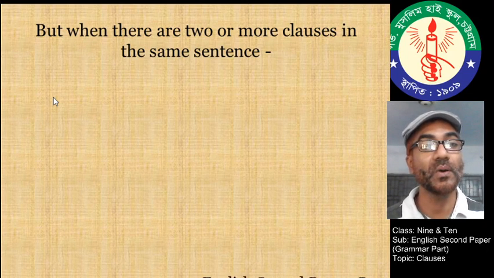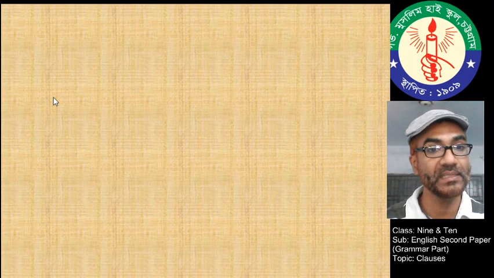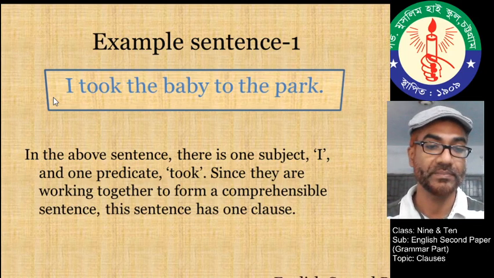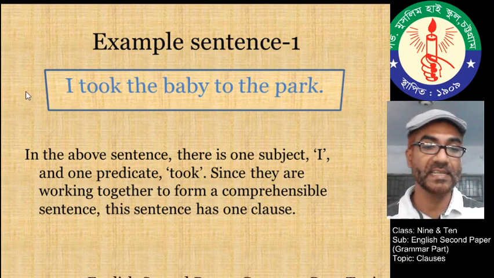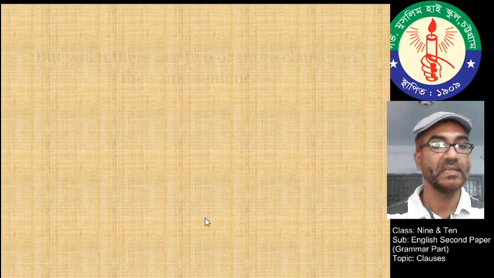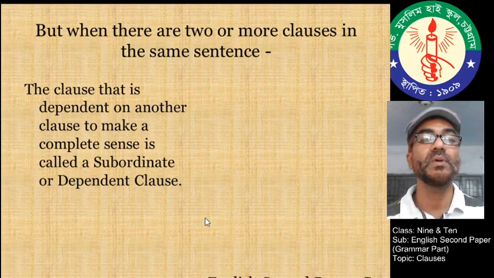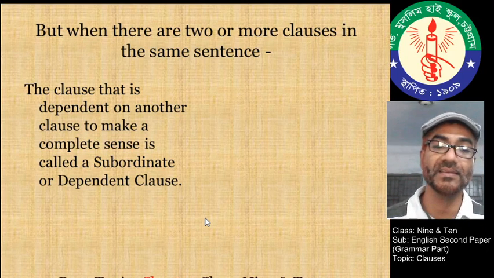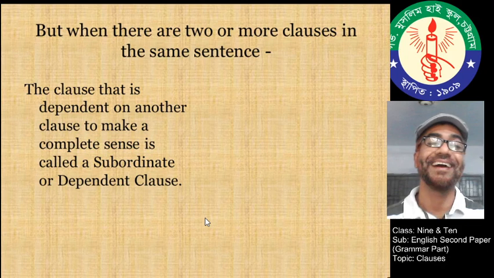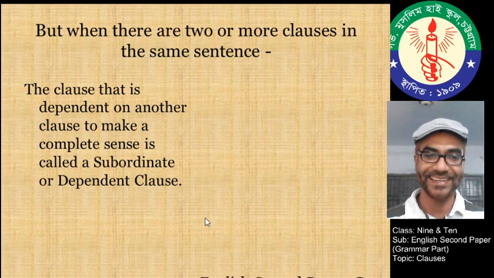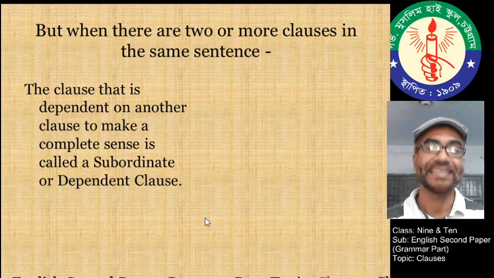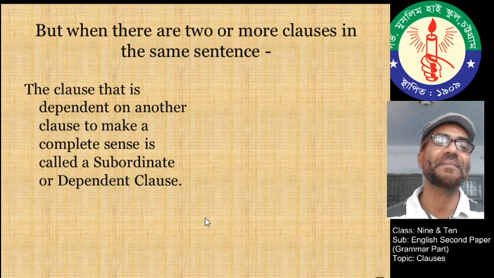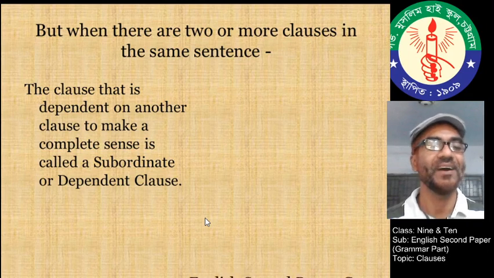But when there are two or more clauses in the same sentence, you see, the previous one, "I took the baby to the park," has only one clause. But when there are two or more clauses in the same sentence, the clause that is dependent on another clause to make complete sense is called a subordinate or dependent clause.